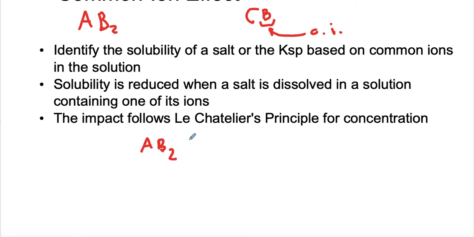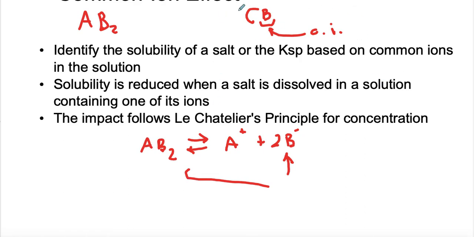So if we did this AB2 equilibrium with A plus and 2B minus, okay. If we add some B's, it's going to shift towards the other side.